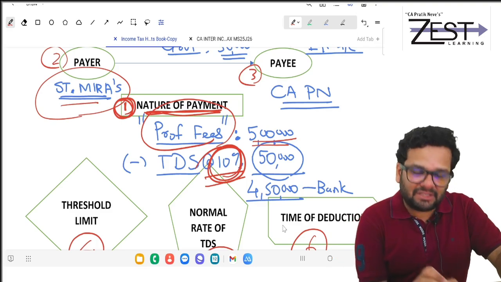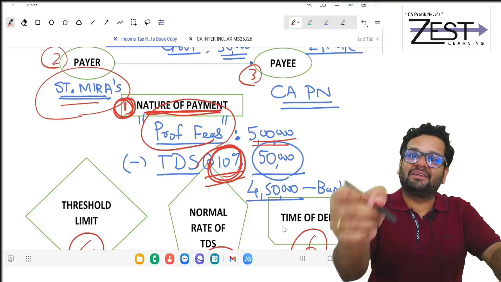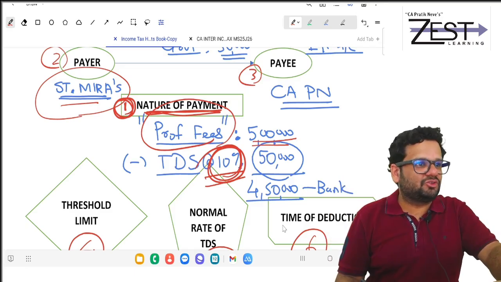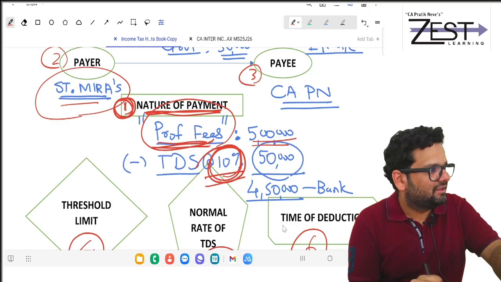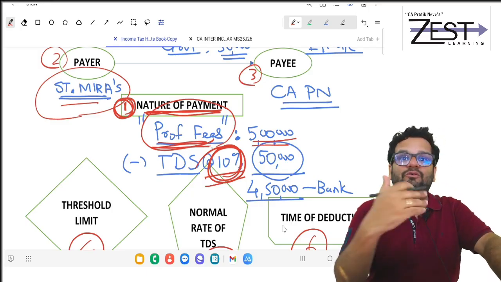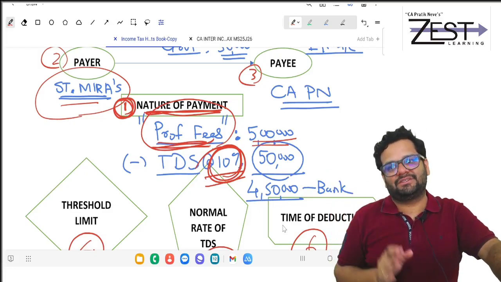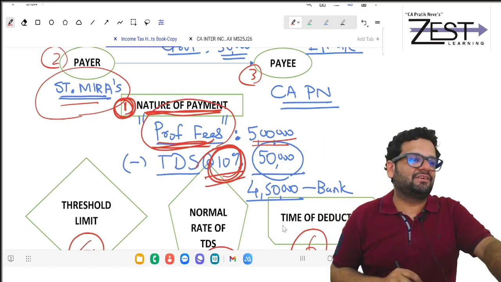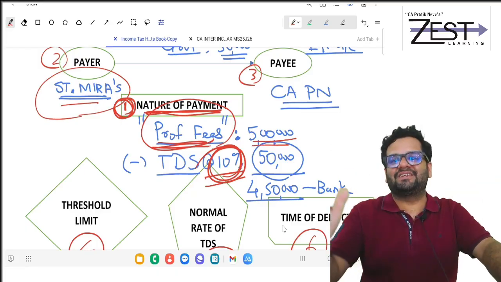They have decided 10. Why could it have been anything? Is St. Mira's my employer? No, they don't know my other incomes. Getting it? So this is professional fees. So in short, government will give you direction that TDS should be done at what percentage. In all the sections, only one section is such where government has not given you a direct percentage of TDS.